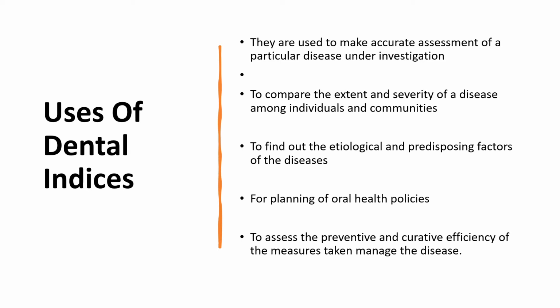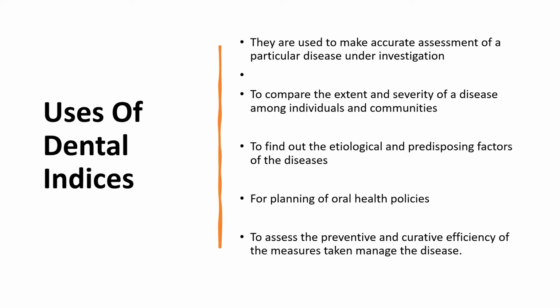Is it mild in this community and severe in the other community, or is it the same? It could be the same. It could be that there is absence of this disease in this person, and also absence of this disease in that person. So it gives you that comparison of the extent and the severity, or the presence or the absence, because there are simple indices that measure just the presence or the absence of a disease in a patient.